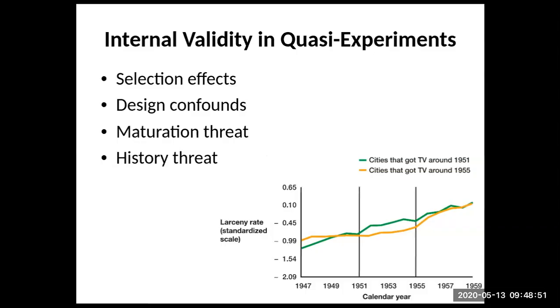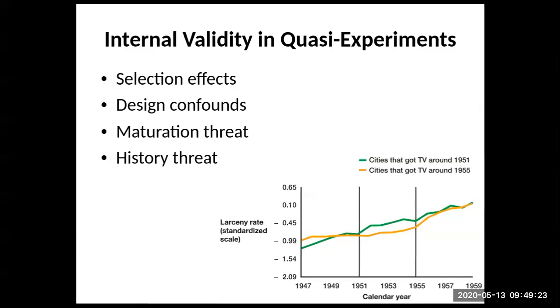But what could we look for in a design like this? Well, what about confounds? Are there any other things that could have happened between 1951 and 1955 that we didn't account for? Because using archival data, for one thing, you can't control anything because it's already been done, right? So confounds, were there any other things that could have also caused greater rates of larceny?